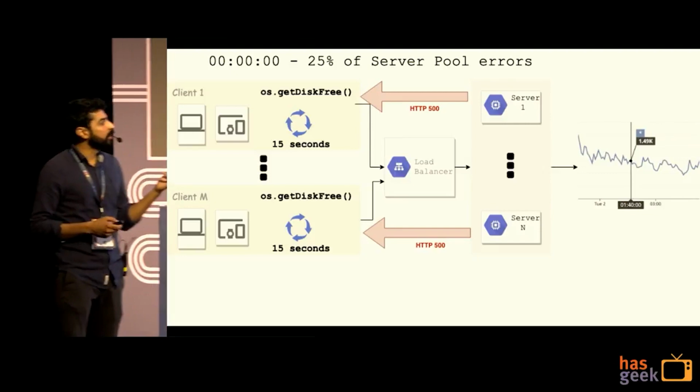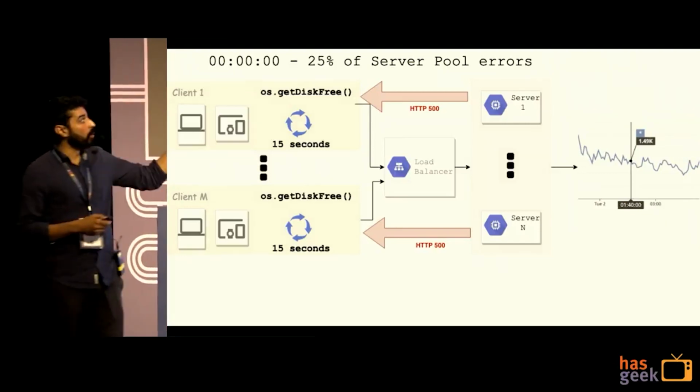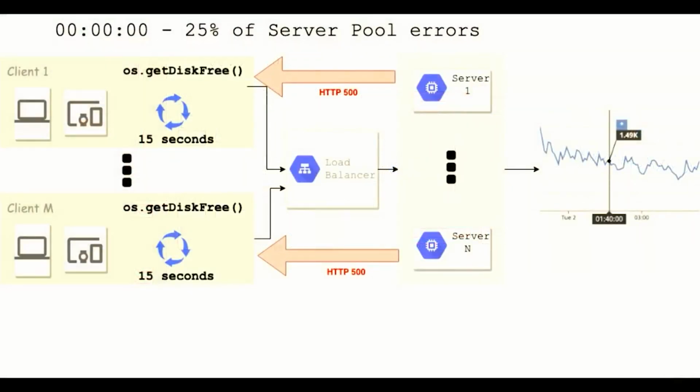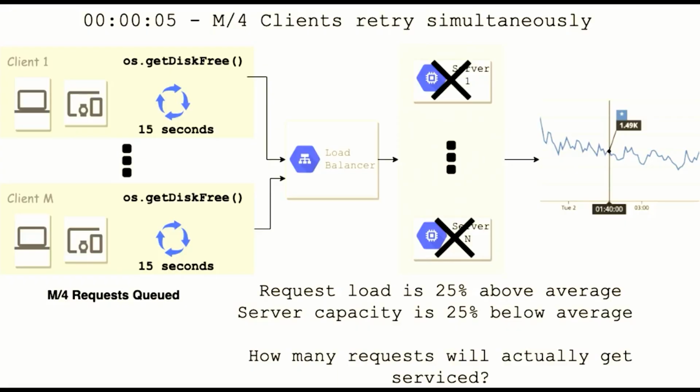And to highlight that case, let's assume that way more servers are in this pool, and 25% of the server pool goes down. And then as a result, we see that 25% of the clients have to retry at the exact same time. Your request load is 25% above average, but your server pool is 25% below average.